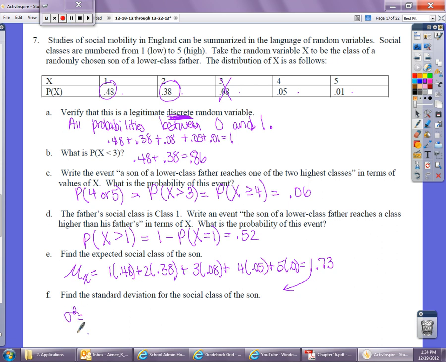So first you have to find variance. To do that, you take the x value, subtract the mean, square it, times the probability. Then the next x value minus the mean, square it, times its probability. Once you do all of that with all of those values, you get the variance of 0.777, and the square root of 0.777 is 0.881.